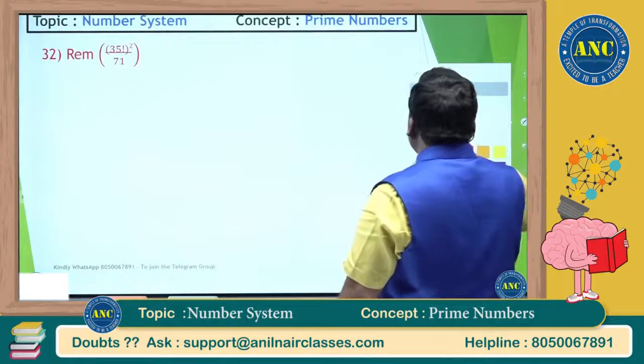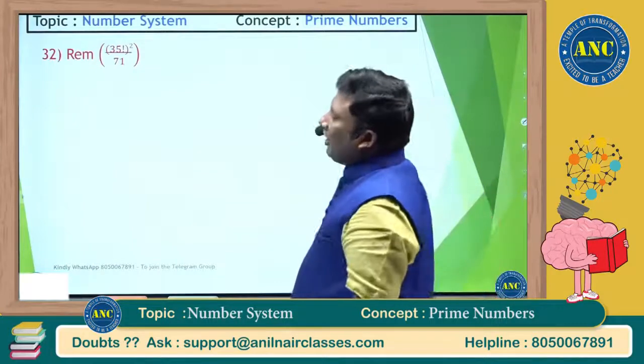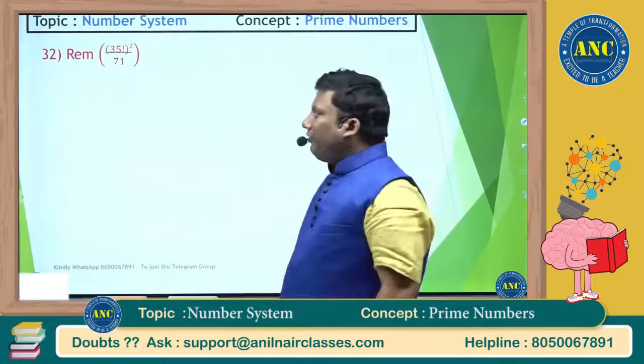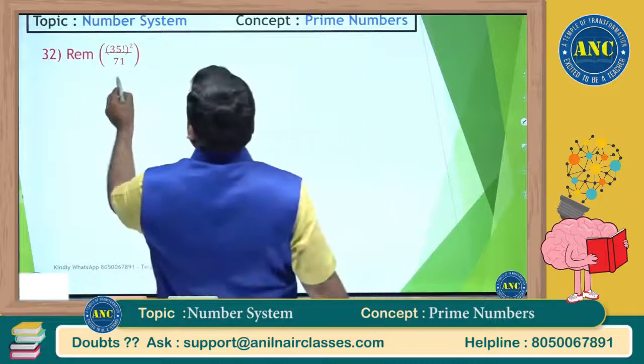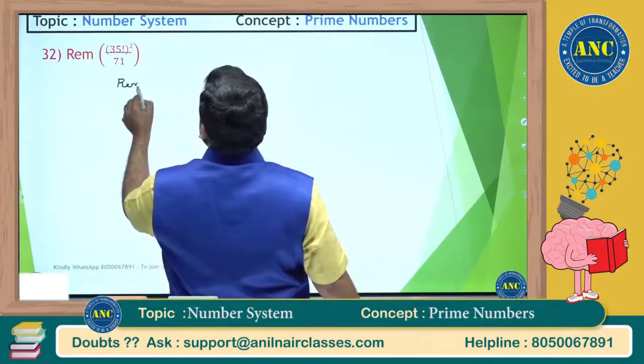Another question: 35 factorial whole square divided by 71.